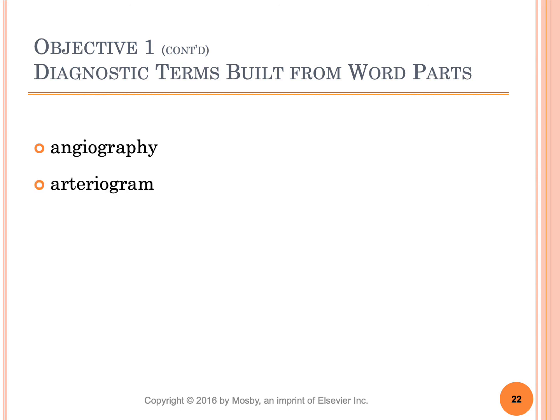Now, an arteriogram is also a radiographic image, but that is of an artery. So angiogram is kind of just a general term for any of the vasculature, whereas arteriogram is specific to the artery and venogram is specific to the vein.